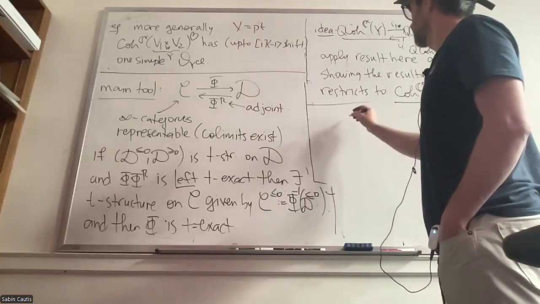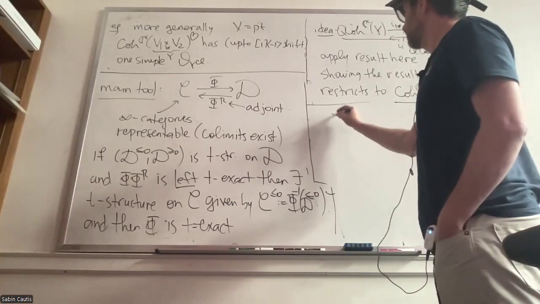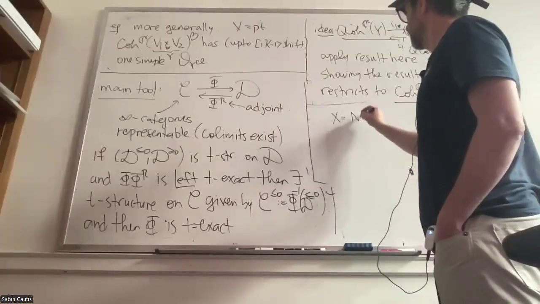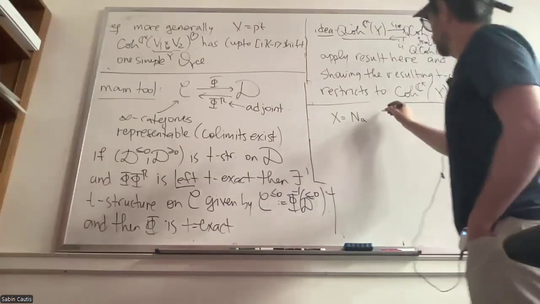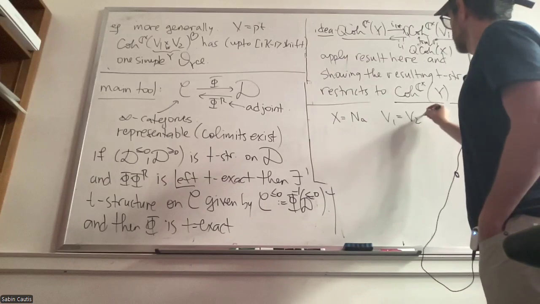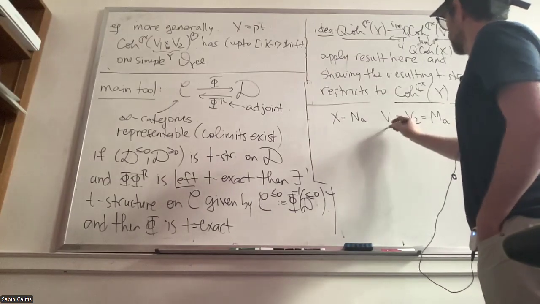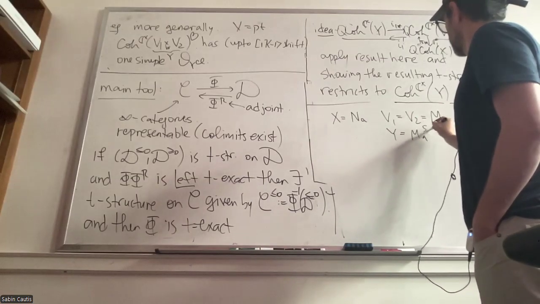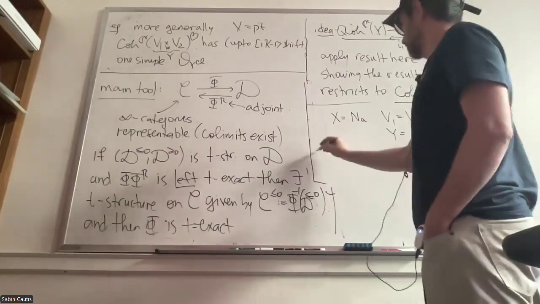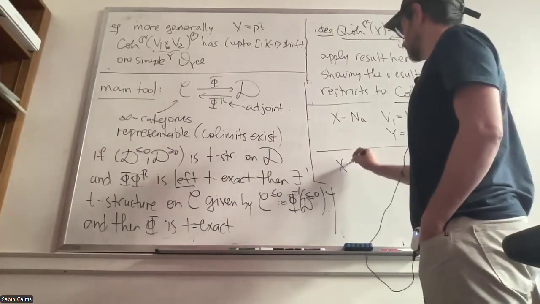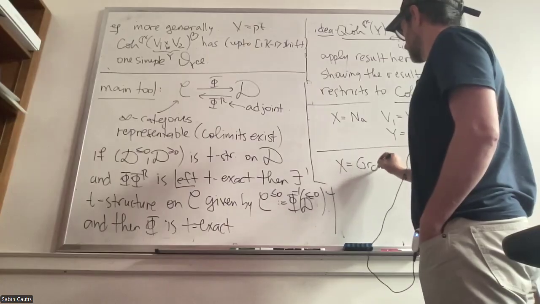So in this case, let's see. You have X is an A, V1 is equal to V2 is equal to MA, and Y is this MASA. And in the Coulomb branch situation, X would be the affine Grassmannian.